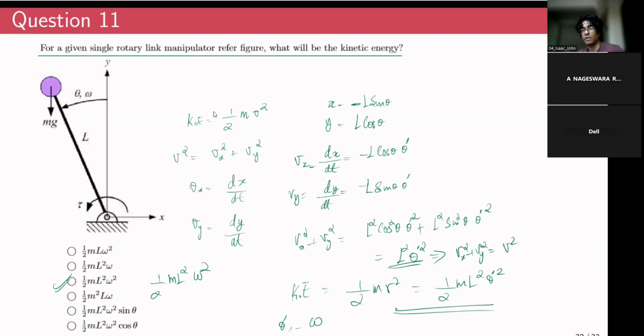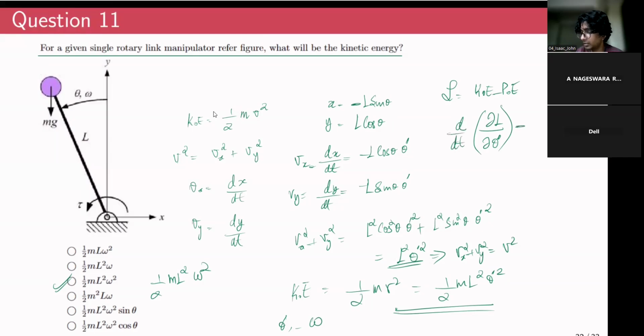Once you have obtained kinetic energy and potential energy, you can obtain the Lagrangian, which is defined as the difference between KE and PE. Then you take the derivative of the Lagrangian with respect to theta dot, and take the total derivative of the resulting expression with respect to time.